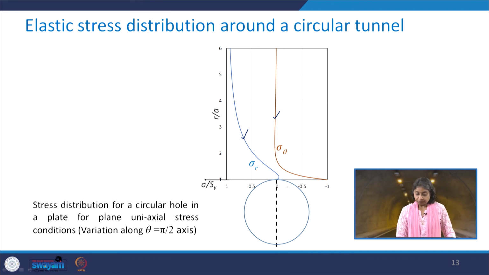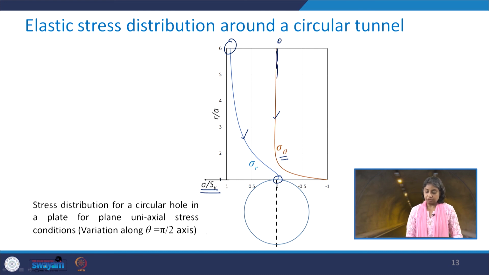Here you can see that at a large distance, sigma by Sy becomes equal to 1, and at a large distance the other stress becomes equal to 0. Here this is the 0 axis. So, when we go to a large distance, this value becomes equal to 0. This is how we can have the elastic stress distribution around the circular tunnel.